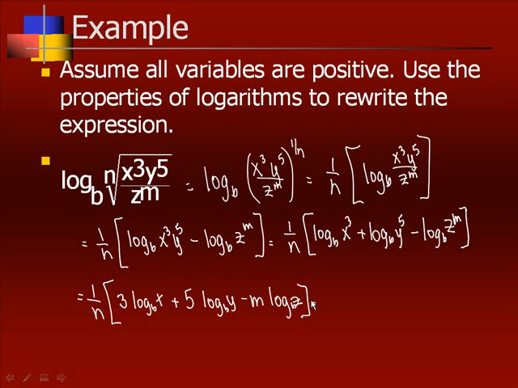And now if we go back and multiply all those by 1 over n, we get 3 over n times the log of x base b plus 5 over n times the log of y base b minus m over n times the log of z base b. And that's what we call expanding the log using properties.